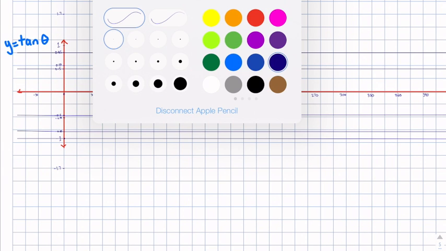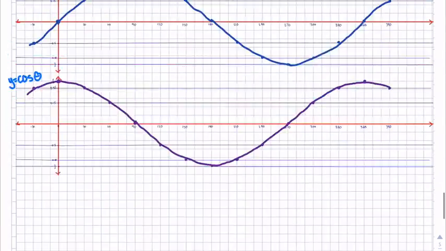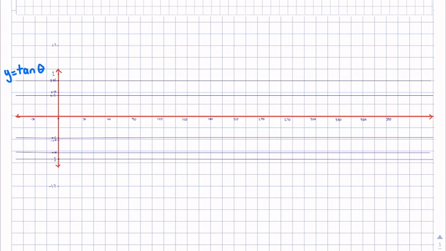So let's put in tan. At minus 30, tan was minus 0.59. At 0, it was 0.